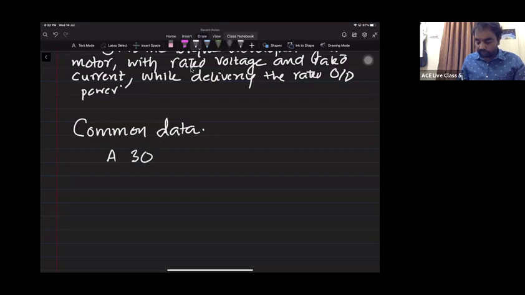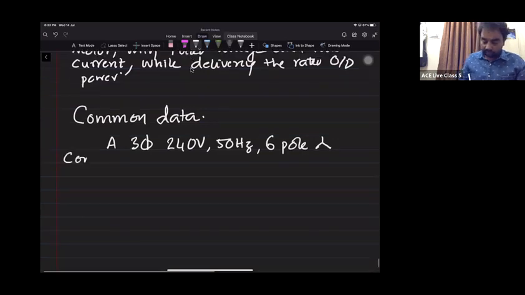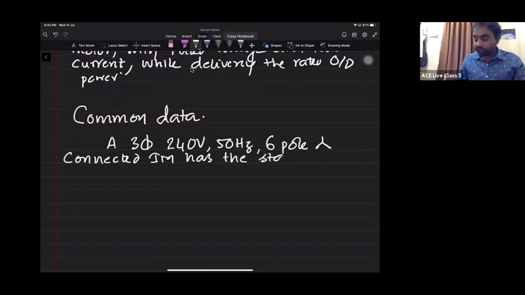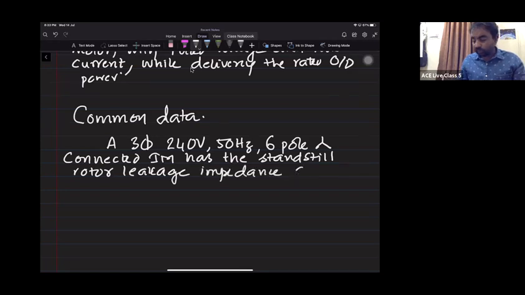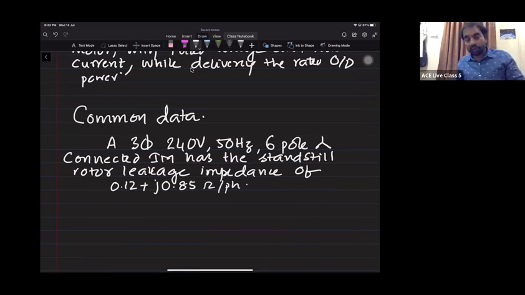A three-phase 240 volts, 50 hertz, 6 poles, star connected induction motor has the standstill rotor leakage impedance of 0.12 plus j 0.85 ohms per phase, right?